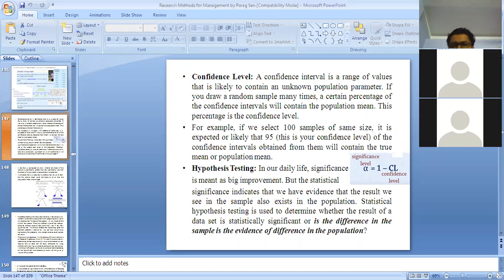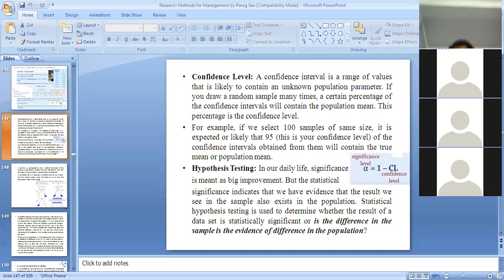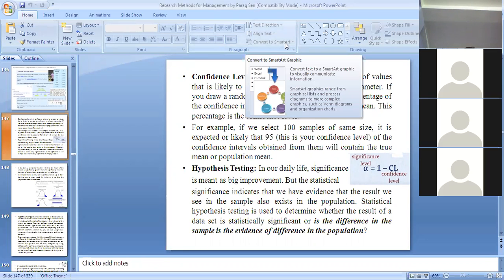Suppose you want to test whether the research scholars of VIT are stressed or not. Okay, so that you would like to test, suppose. So this is a kind of hypothesis testing.